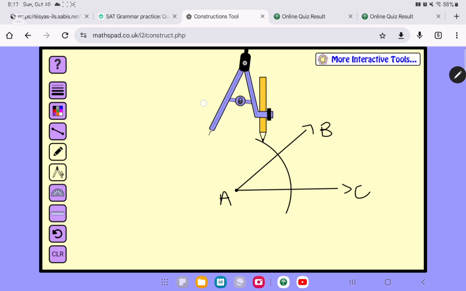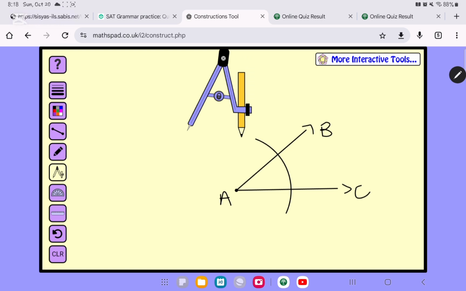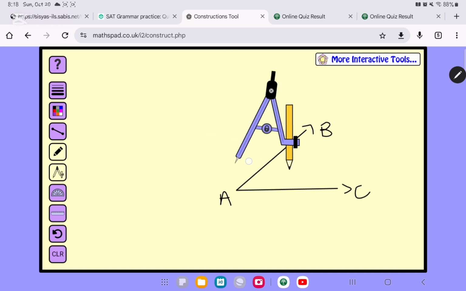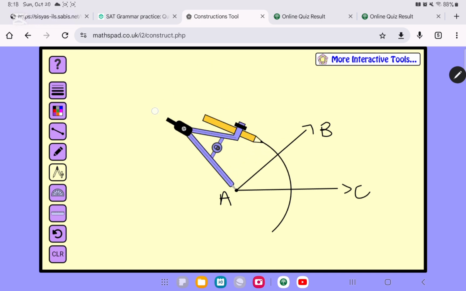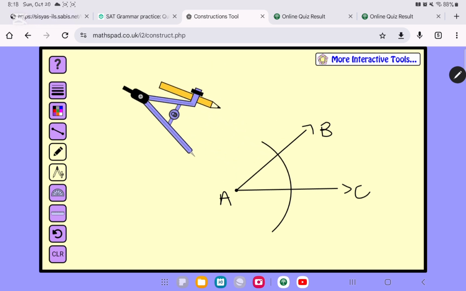Oops, let me do it again. So we draw an arc that cuts angle BAC at 2 points that we can call D and E. Okay? So this is the second step.